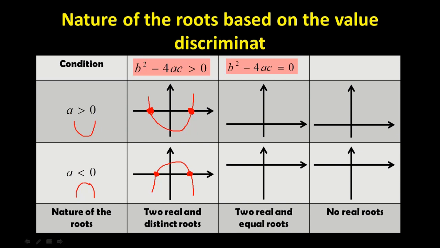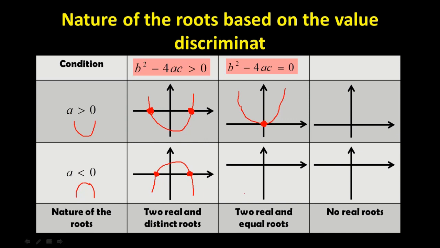When we want to illustrate in the graph, the smile graph, so we have only one root. Quadratic equation, actually we have two roots supposedly, but when we have b squared minus 4ac equal to 0, both of the roots should be the same. That's why we have two real and equal roots.